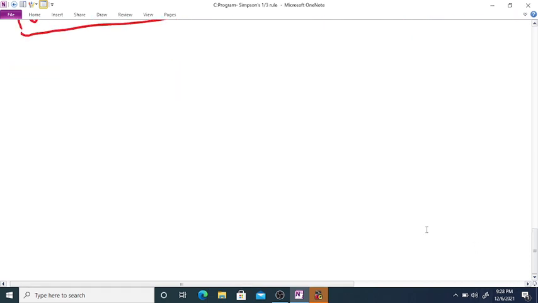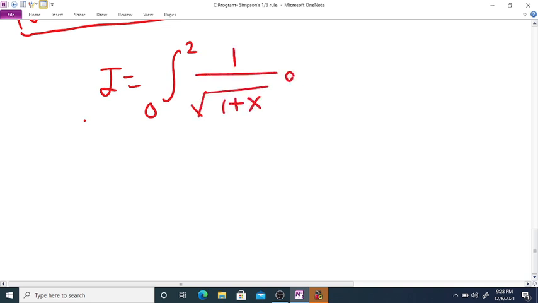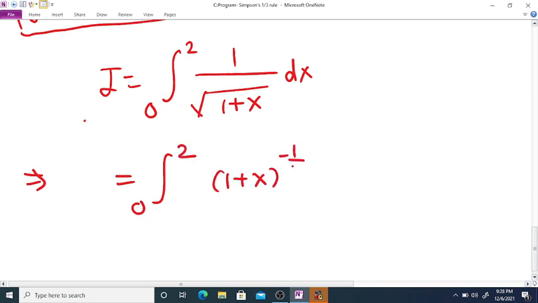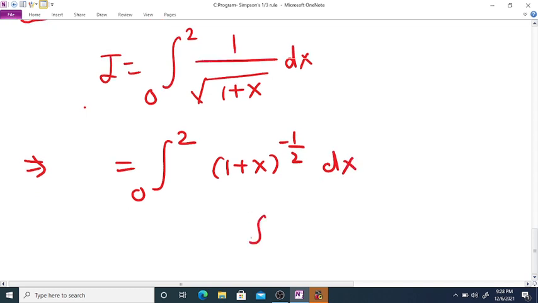Now you can evaluate the value of the integration directly. What is the given integration? It is the integral from 0 to 2 of 1 divided by the square root of 1 plus x dx. Now we can also find the exact value. This is equal to the integral from 0 to 2 of (1 plus x) raised to minus 1 by 2 dx, and we know that the integral of x raised to n is x raised to n plus 1 divided by n plus 1.